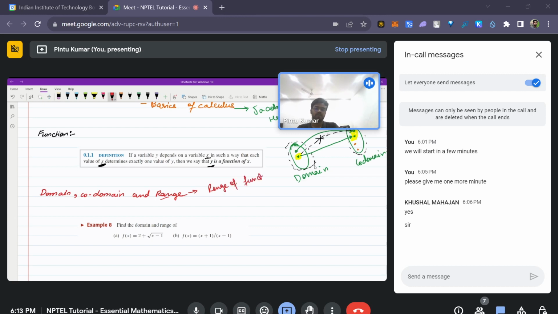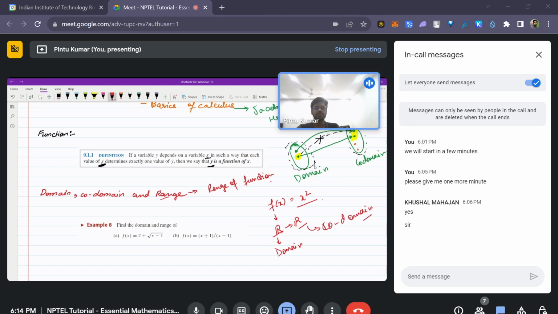Let me take a simpler example first. Suppose f of x is equal to x square. This f is a mapping from R to R. So your domain is the real numbers, and your codomain is again the real numbers.